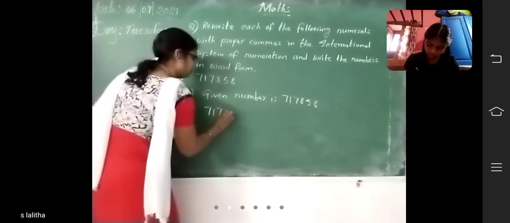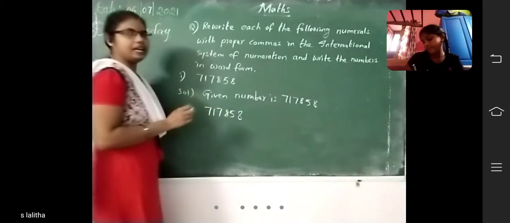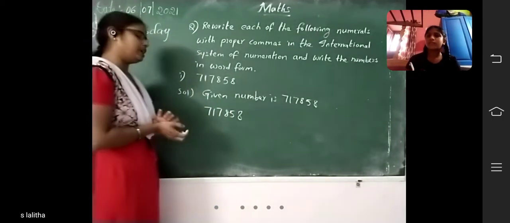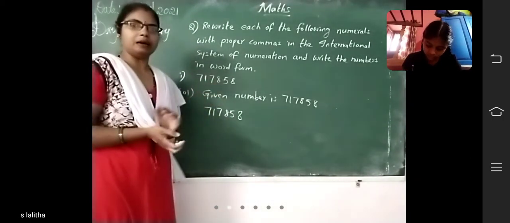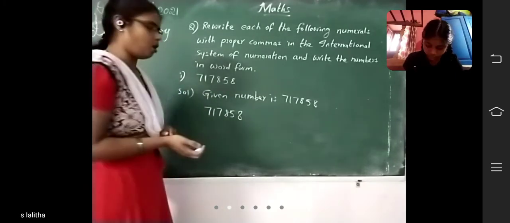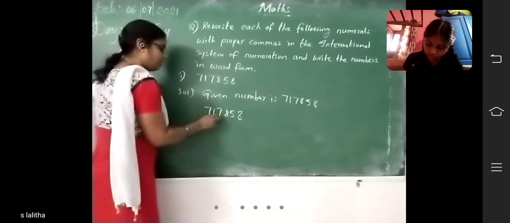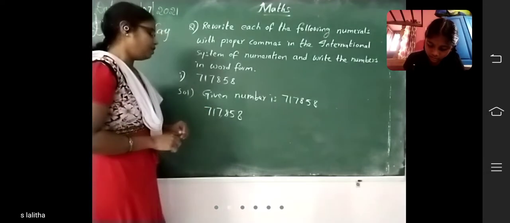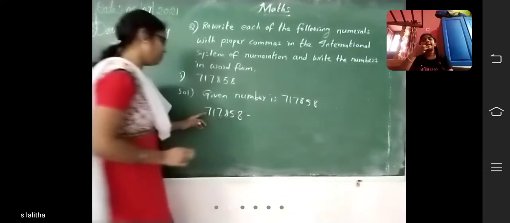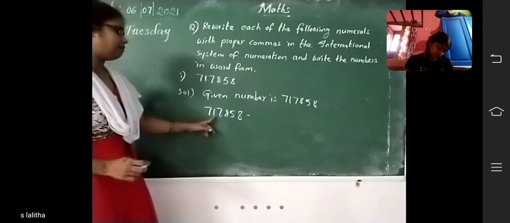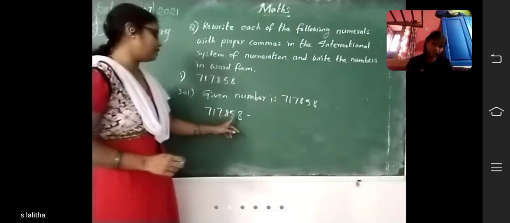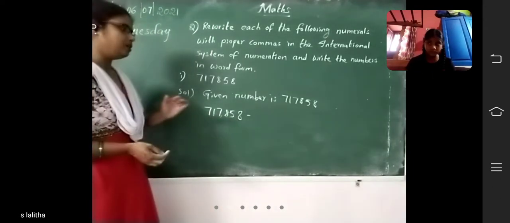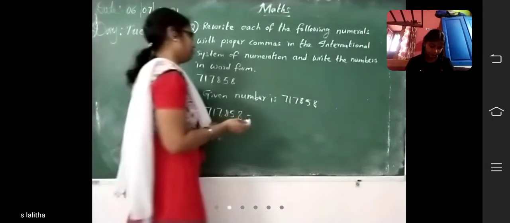In the international system, you should keep the commas for every three digits from right side to left side. 1, 2, 3. Again 1, 2, 3. Okay. Now read this number: 717,858. Okay. Now write in words.